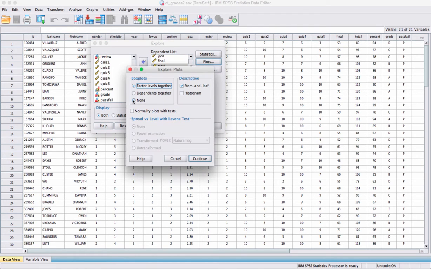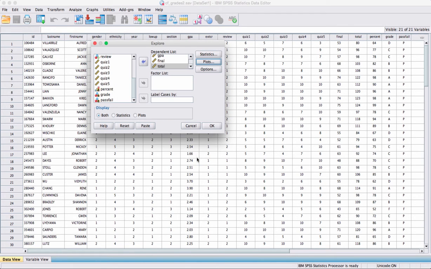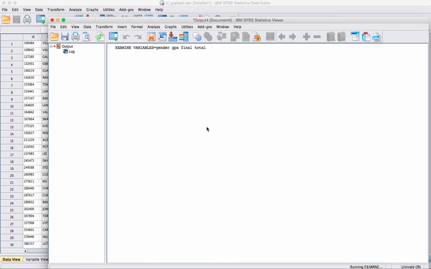And for plots, I'm going to check none for box plots, histogram for descriptive, uncheck stem and leaf, and then check the normality plots. And then go continue and OK.